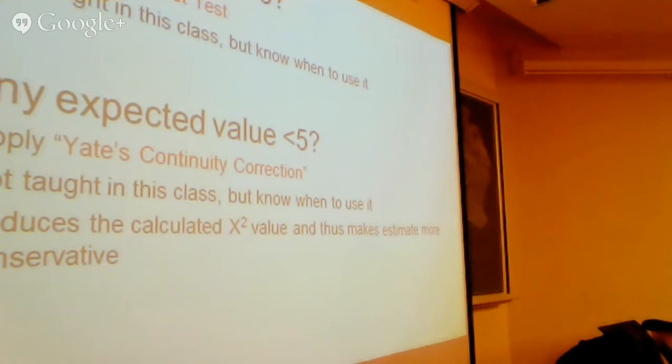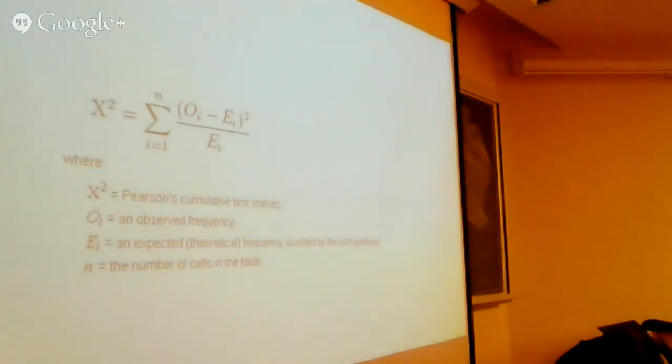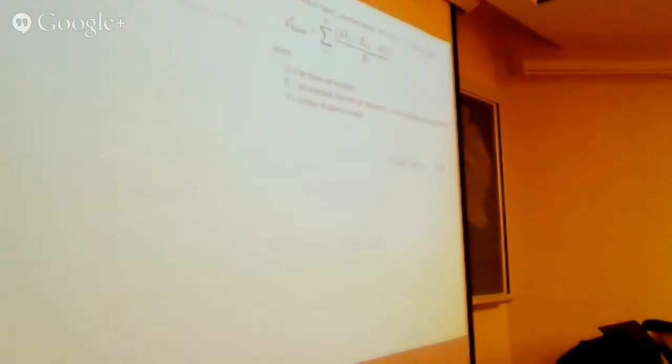So what it does, the Yates continuity correction actually reduces the chi-square number by a smidgen and makes our estimate more conservative. And by more conservative, what we're saying is it makes it less likely that we'll find significance. And remember, this is the formula for chi-square. The Yates continuity correction is right here. It's 0.5.